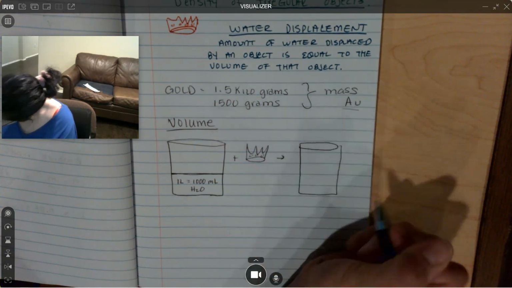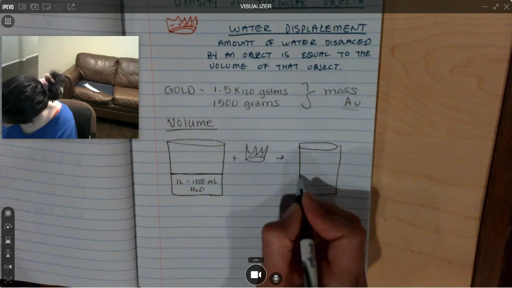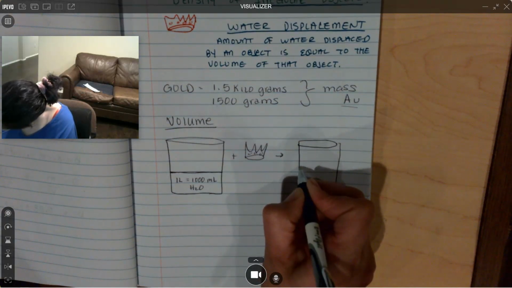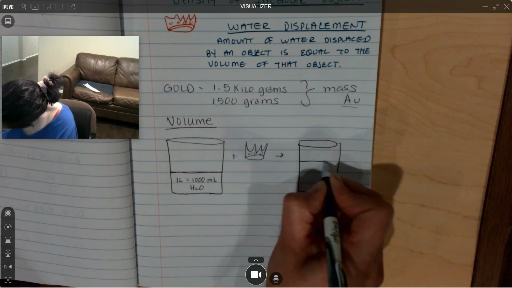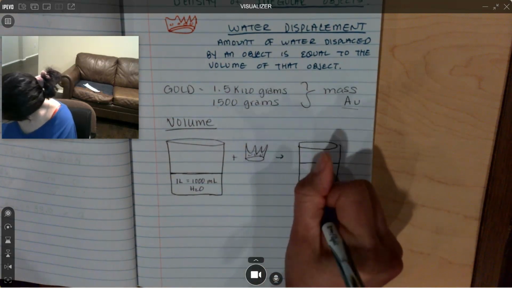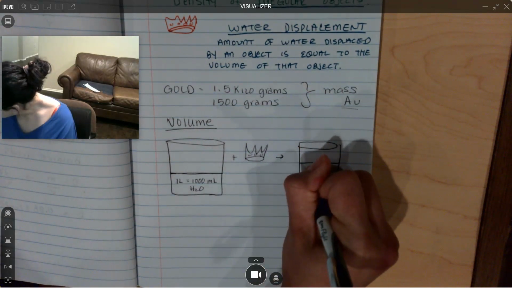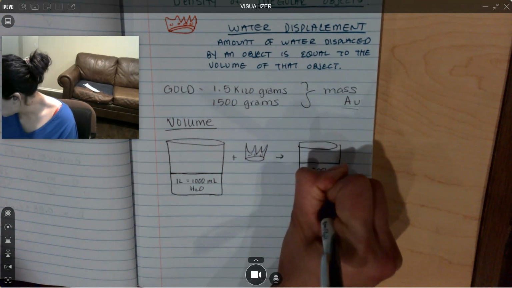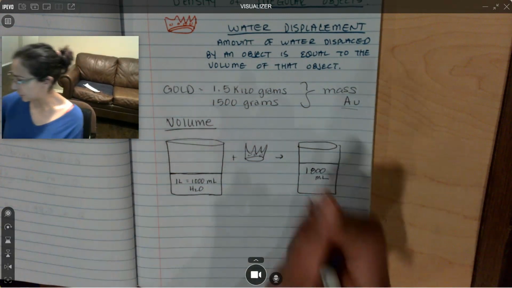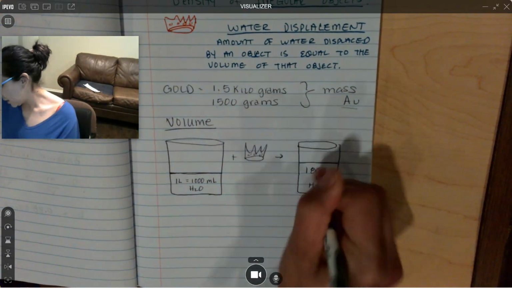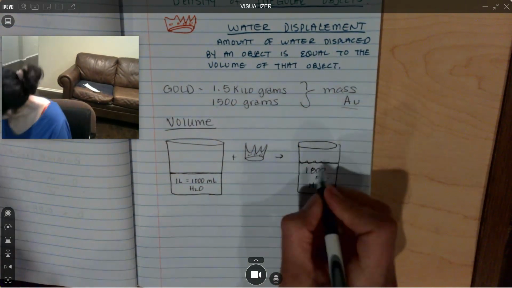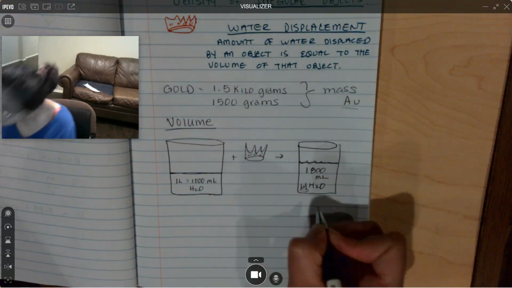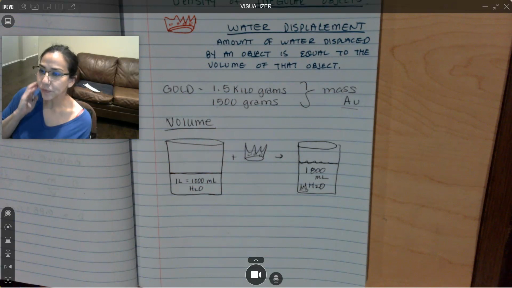The volume in our container changes from 1,000 to maybe, let's say, 1,800 milliliters of H2O. That's the new amount of water, and this is with the crown inside of it.